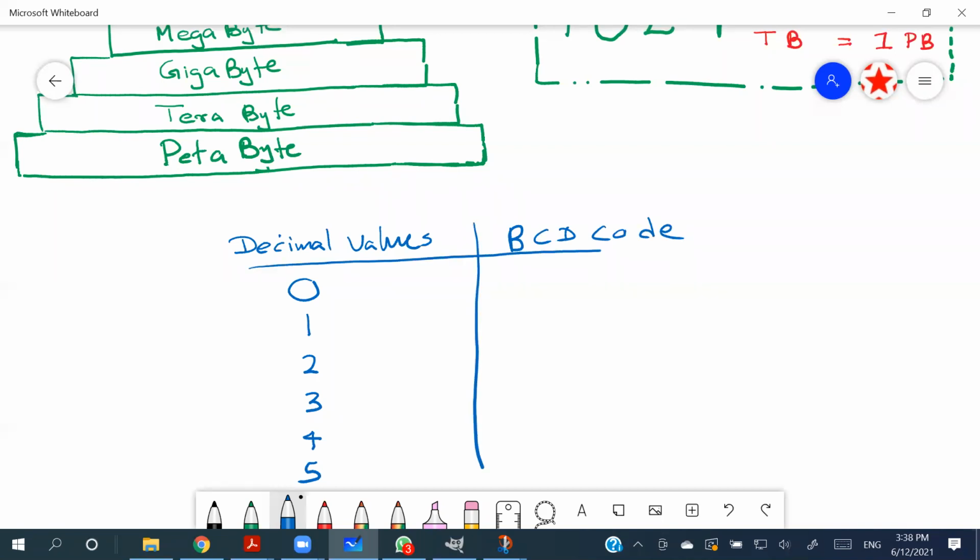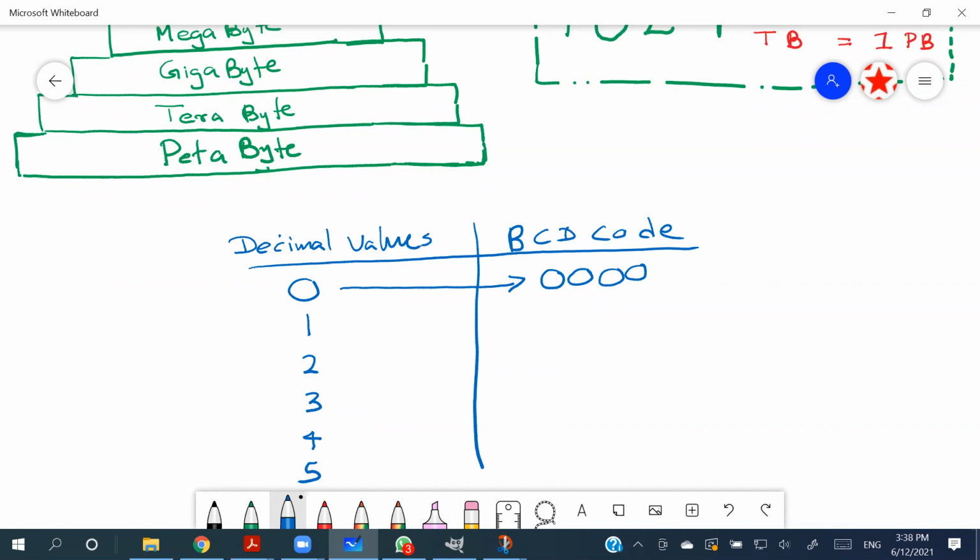What they have done is very simple. What they're trying to do is write the 0 using 4 bits. So they represent 0 as 4 zeros. Do you remember when we converted a hexadecimal code to binary, we used a method that is a bit parallel to this. There, we take a hexadecimal number and write it using 4 bits.